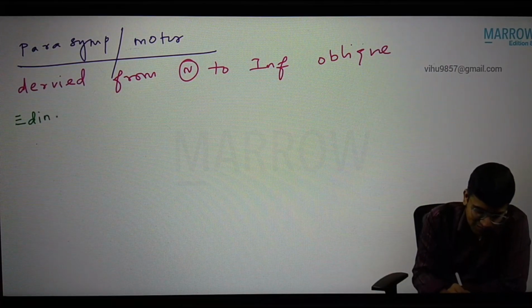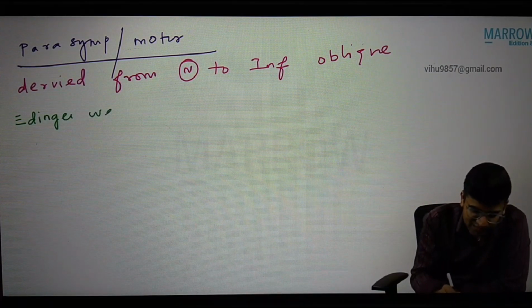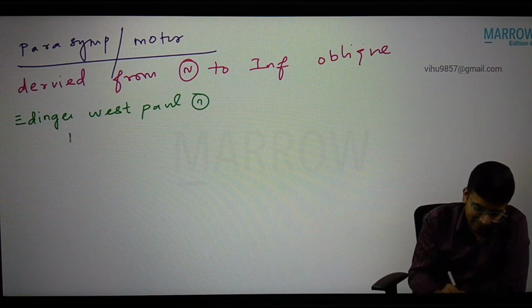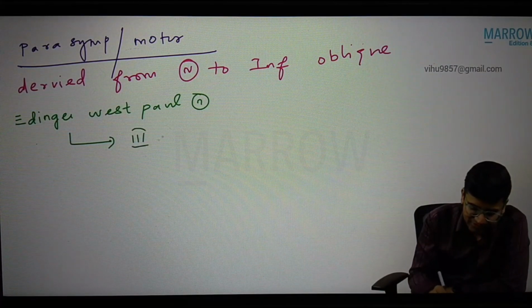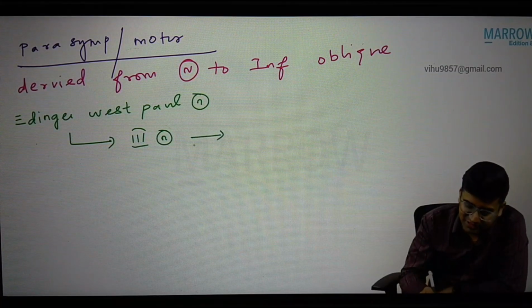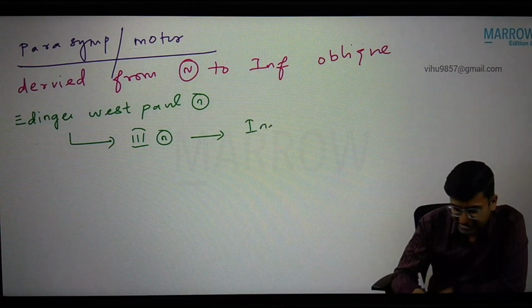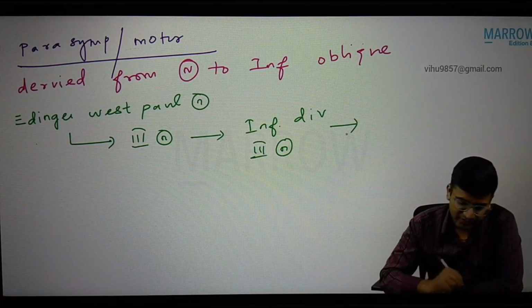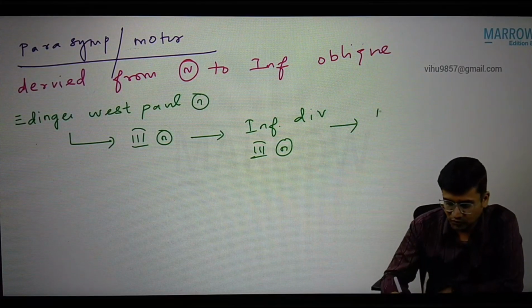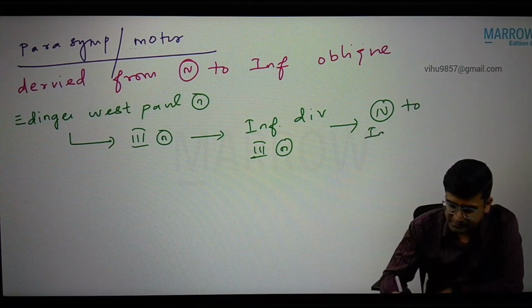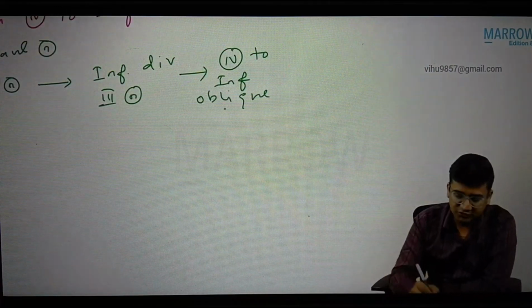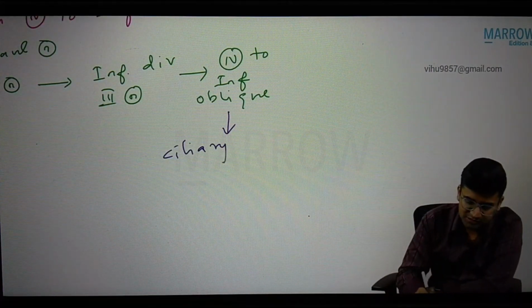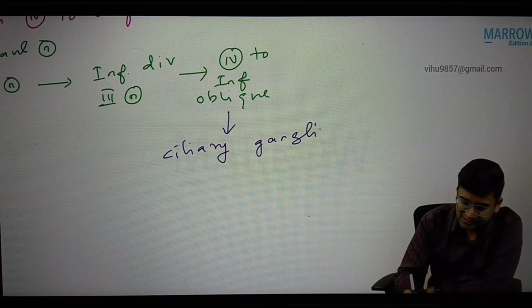Fibers come from the Edinger-Westphal nucleus. From there, the third nerve carries the fibers to the inferior division of the oculomotor nerve. From there, the fibers are given to the nerve to inferior oblique, and from there to the ciliary ganglion.